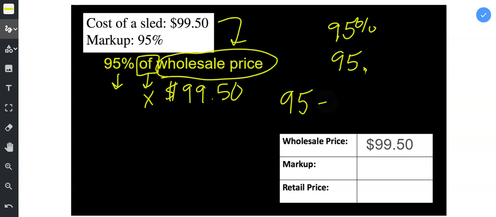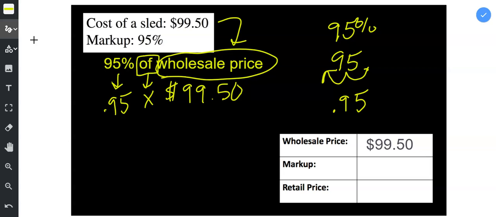Remember, 95 is the same as 95.0, so there's actually always a decimal here on the right side. Once I've located the decimal, to change the percent to a decimal, you divide by 100, which essentially moves the decimal 2 places to the left. So 95% as a decimal is 0.95.